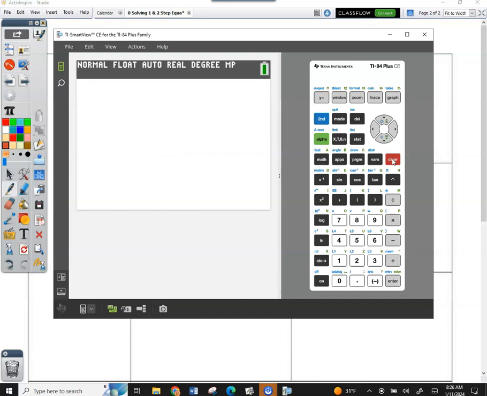One way types it out like linear, in a line, in a straight line, which bothers me because fractions go what direction? Up and down, right? You have something like this over a number.